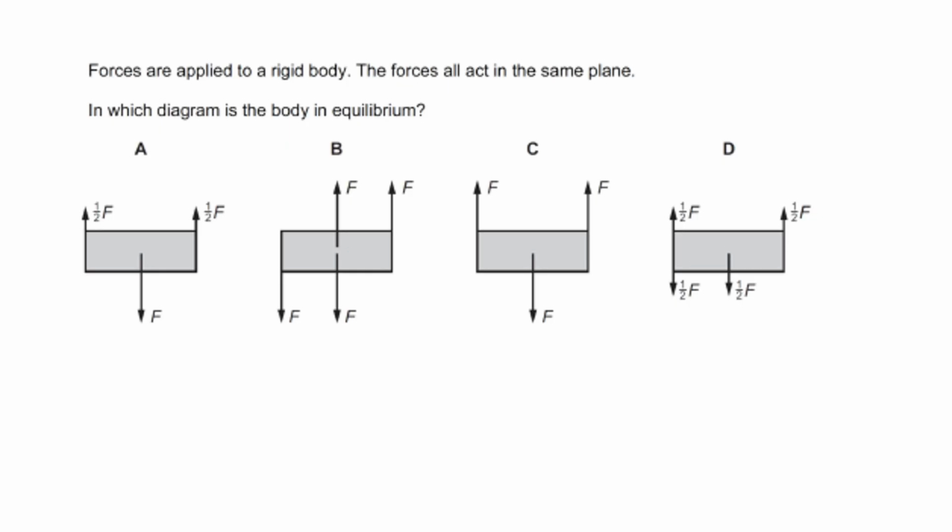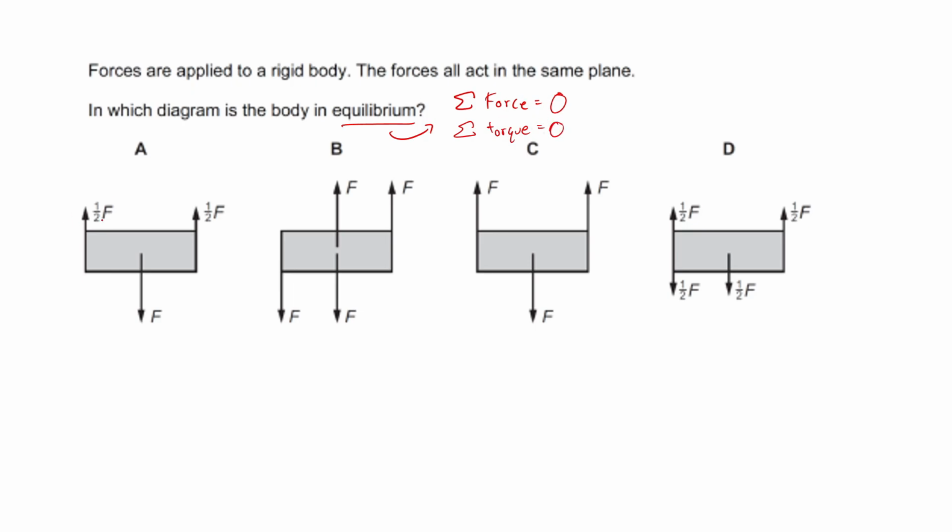Forces are applied to a rigid body. The forces all act in the same plane. In which diagram is the body in equilibrium? So in equilibrium, that means that the sum of the forces is equal to 0, and the sum of the torques is also equal to 0.